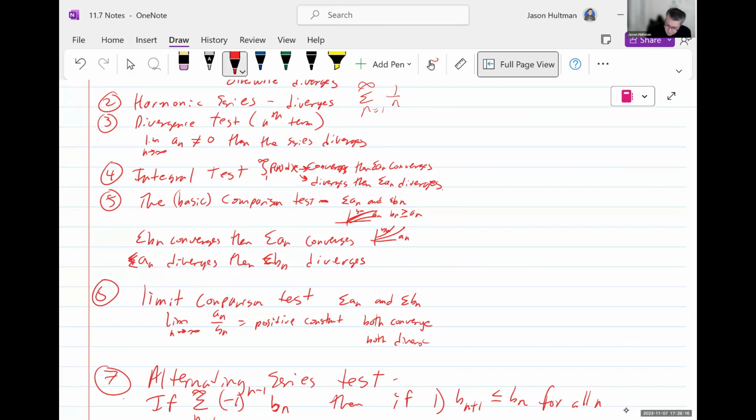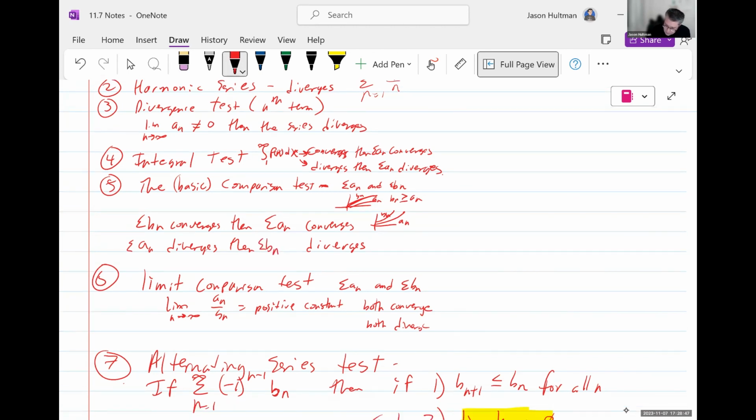Number 5, the basic comparison test: if b sub n converges, and b sub n is greater than or equal to a sub n, then a sub n would converge. If a sub n diverges, and it's smaller, then b sub n would also have to diverge.